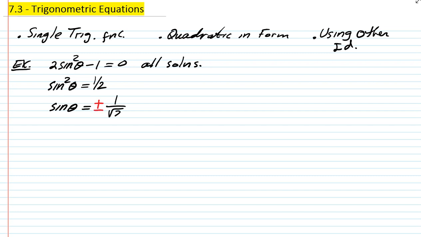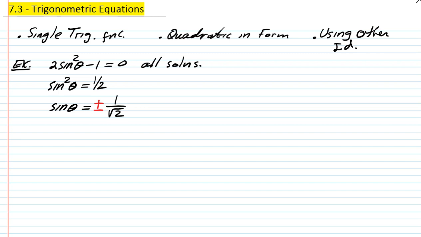So we get plus or minus 1 over root 2. At this point, in most of the exercises that I do, and in the math books, we want exact values, not calculated values that are rounded. A lot of these work with the special angles, 30, 45, 60, and then remember the quadrantal angles: 0, 90, 180, 270, and 360.